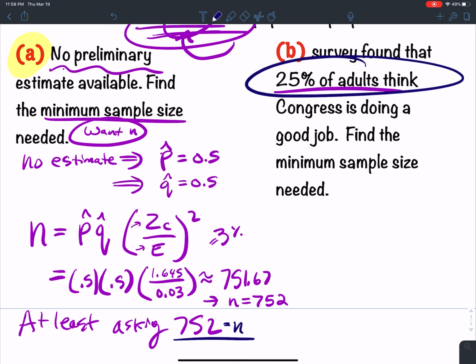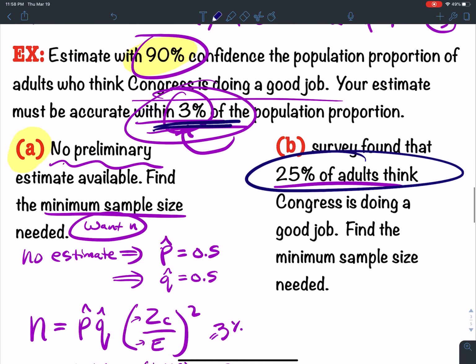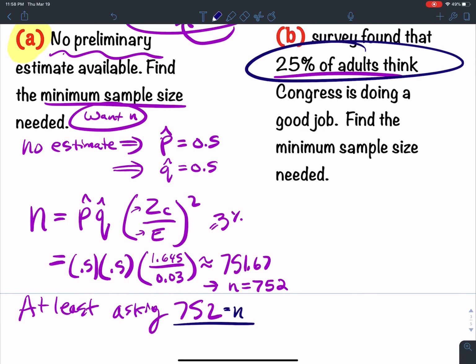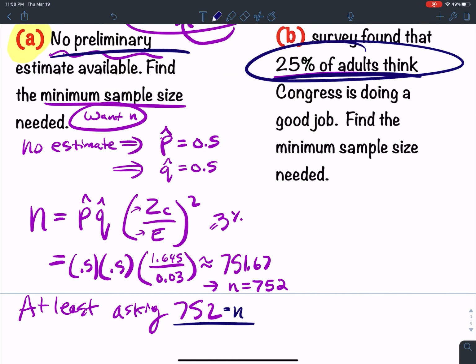But if I know more information, I already know 25% of people think Congress is doing a good job, then am I going to need to go out and collect a whole lot more data to be 3% away from the true population proportion? No, I'm not going to need as much information because I already have more information than over here where I had no information. So let's try to work this out.